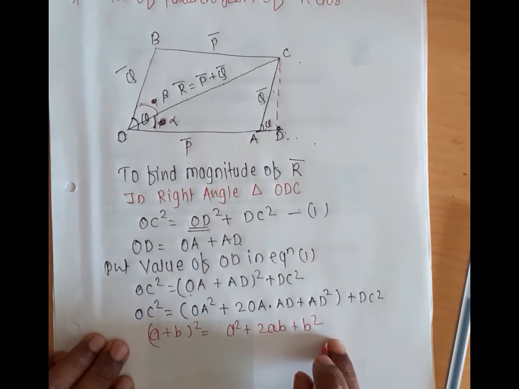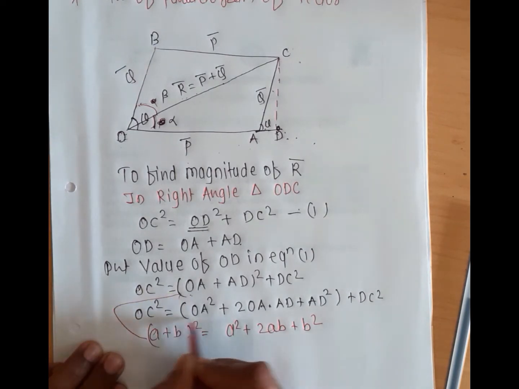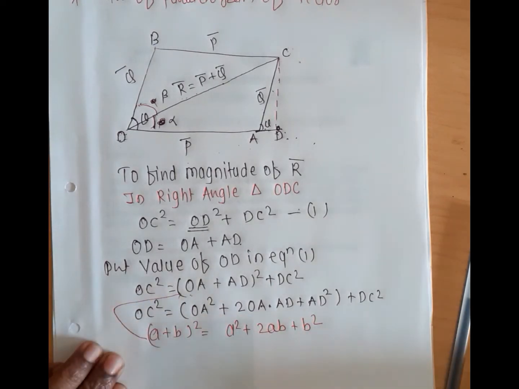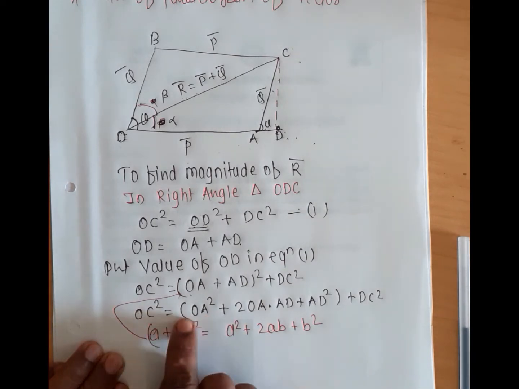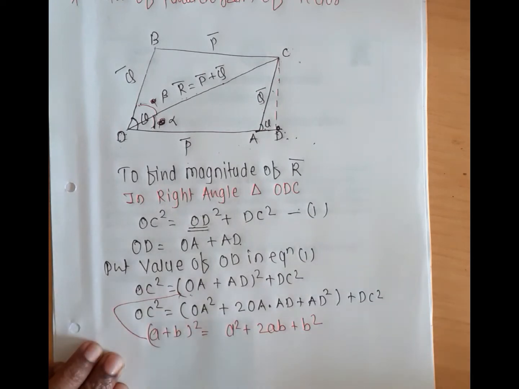So this is the formula. Now this formula we use here. After that we use some triangles for finding the value of these terms OA, OC, AD and so many terms, in right angle ADC.